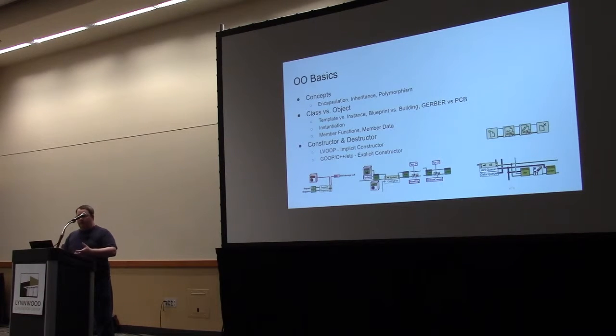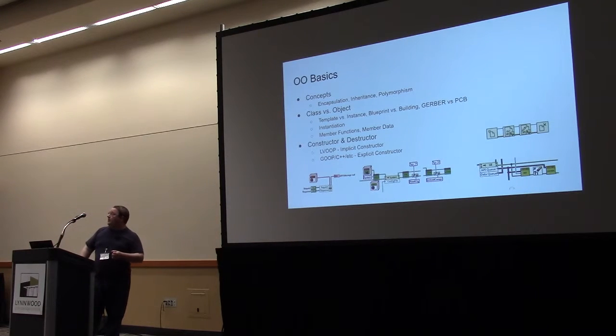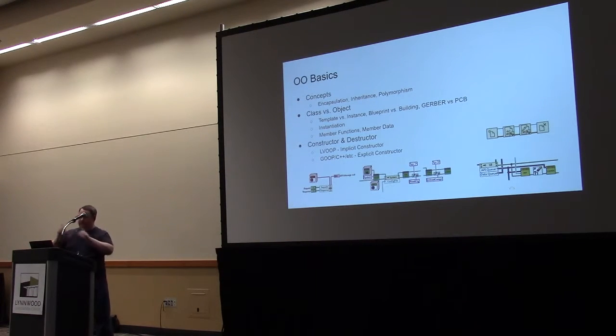So if you have a set of Gerber files, you send it out to the board house, you will get back an actual PCB. They probably, I would hope, have a blueprint for the Linwood Convention Center. That blueprint is just some pieces of paper in a shelf somewhere. It's not an actual building. In order to get the building, they have to build the building from the blueprints. Similarly, you have classes that describe how the system will create things, and then when you create them, they will be objects. We call that operation instantiation.